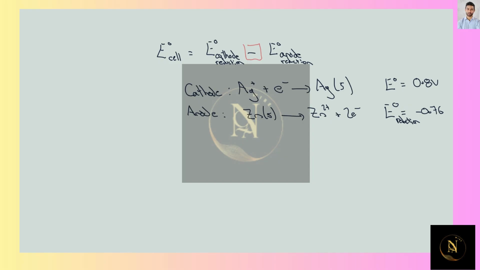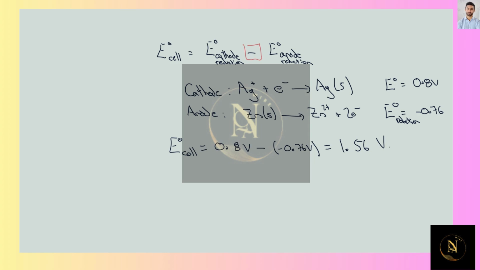If we did the E0 for the oxidation, you would need the opposite value. So to find the E0 of the cell, the value is going to be 0.8 volts minus minus 0.76 volts, which is going to give us the desired 1.56 volts.